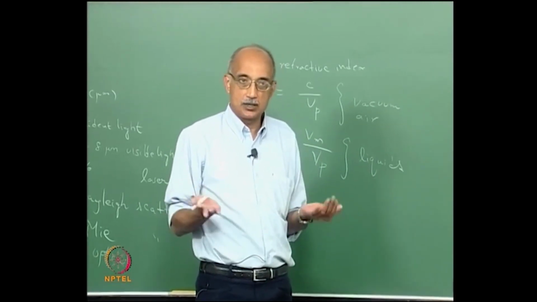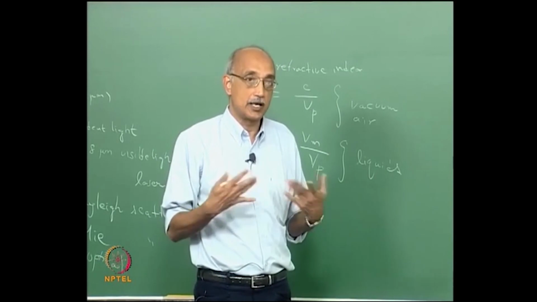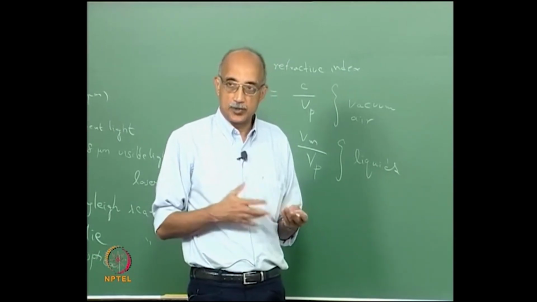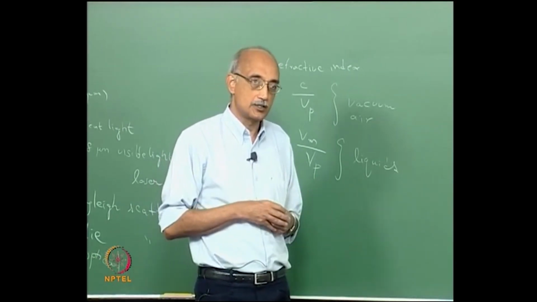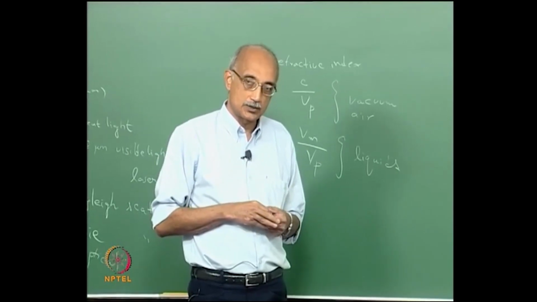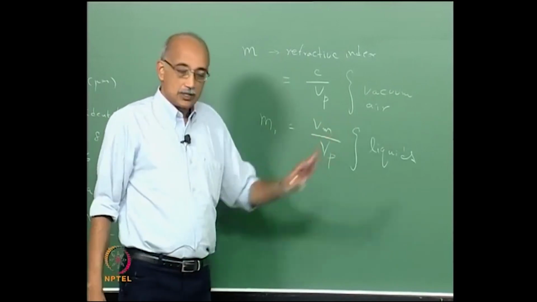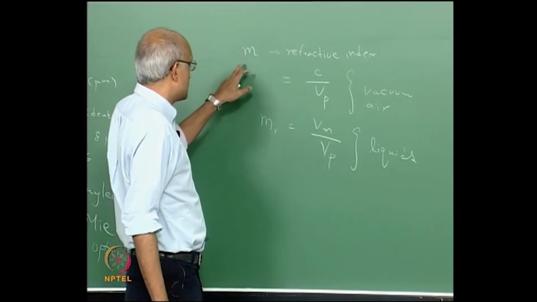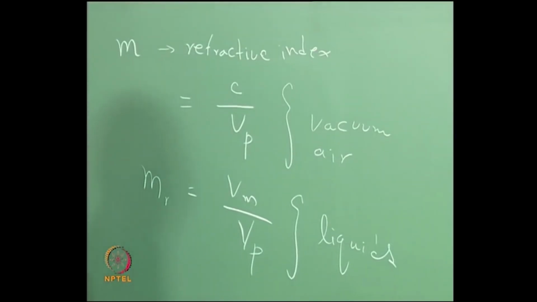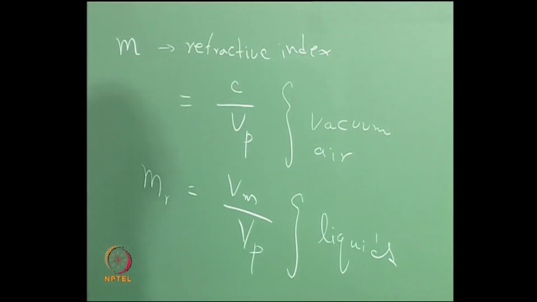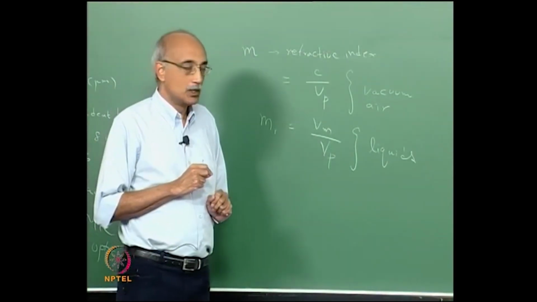So, both cases are equally important in terms of manufacturing industries and the prevalence of use of light scattering techniques for particle size characterization. So, it is important to keep in mind these two definitions. In the discussion that follows, just for simplicity's sake, we will use m as the refractive index, but keep in mind that when we talk about m, in the case of particles in liquids, what we are really talking about is the relative refractive index.